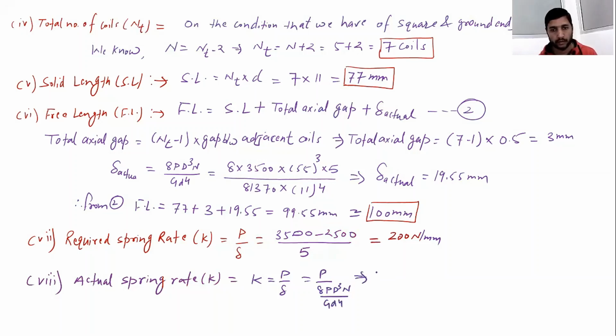And from here your K will be P divided by 8 PD cube n, bring this up, into GD4. We have all the values, put all the values and you will get the value of K. So K from here will be coming 179.01 Newton per mm.